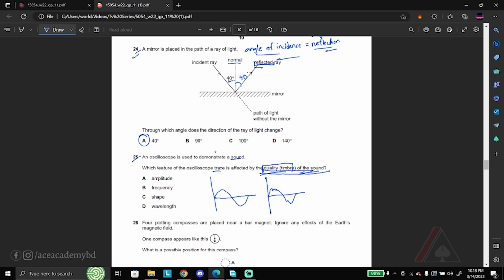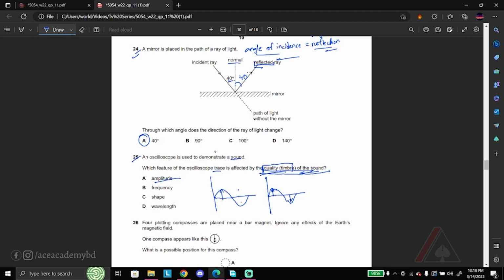So if the shape is distorted, is the amplitude changed? Now, the amplitude is the maximum distance from the equilibrium position to either side of the equilibrium. The maximum length will not change because the wave will always reach the maximum at one point or the other.